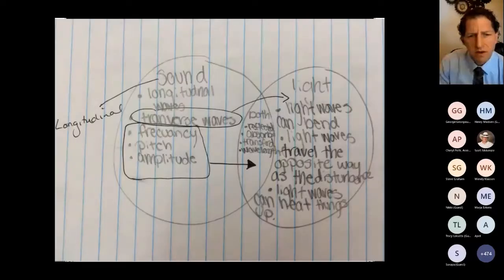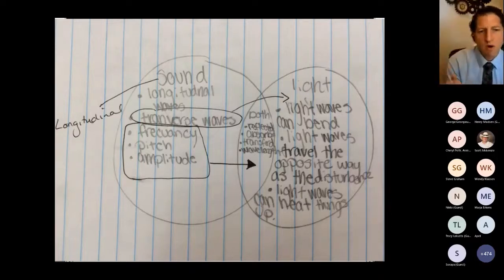Here's another example where a student has sort of drawn some arrows to show that this transverse wave somehow connects to light waves, and frequency, pitch, and amplitude might need to fit in the middle of this Venn diagram. I notice that kids do this a lot when they draw their Venn diagrams. The middle part here where differences are supposed to be is really small, and the outsides of the circles are very big.